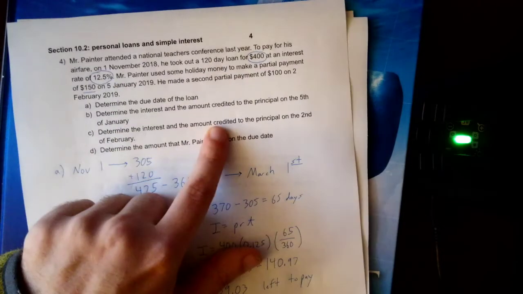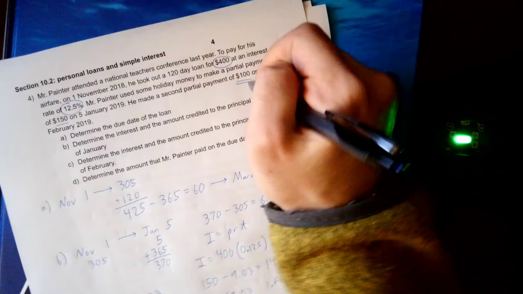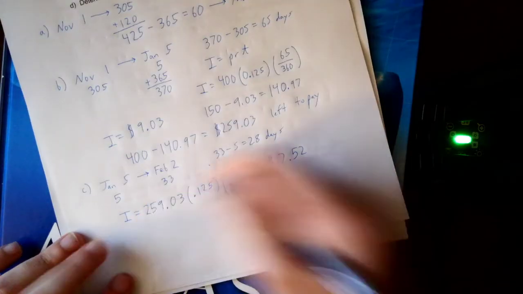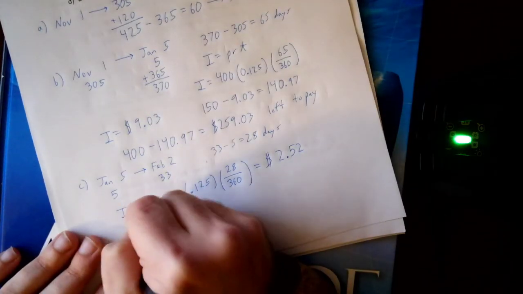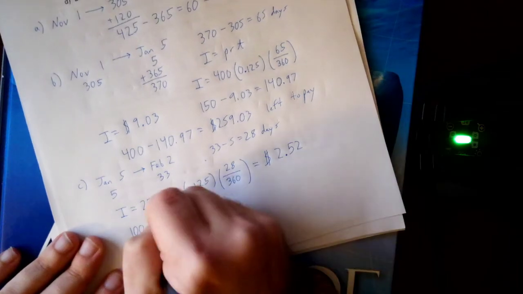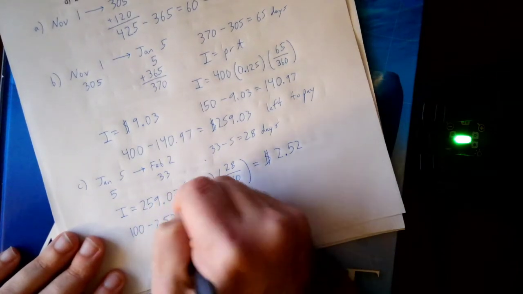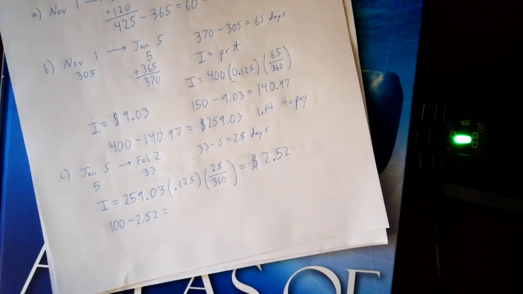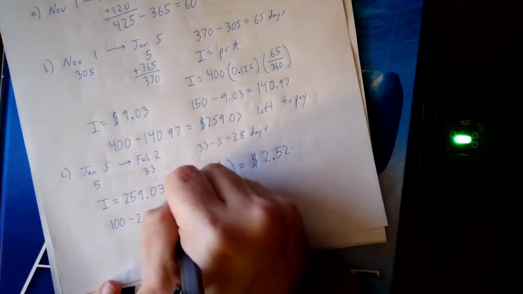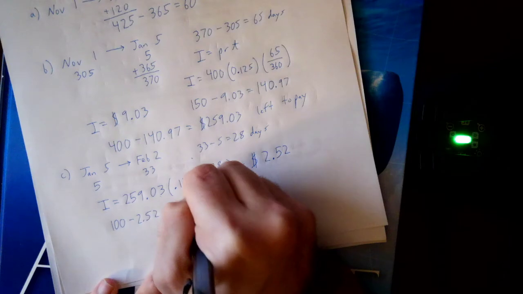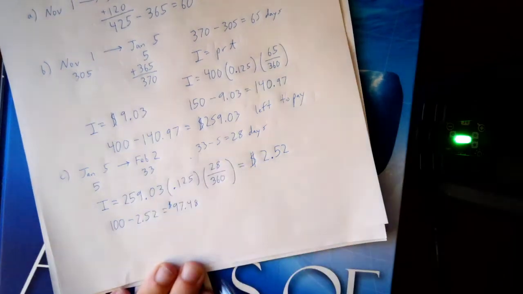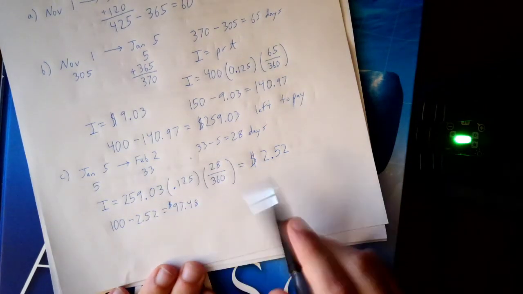How much is credited to the principal? Well, I paid $100, right? I paid $100. So, if I take my $100 payment and subtract the 2.52, I learn that I have paid $97.48 to the principal, right? You got to pay the interest first.